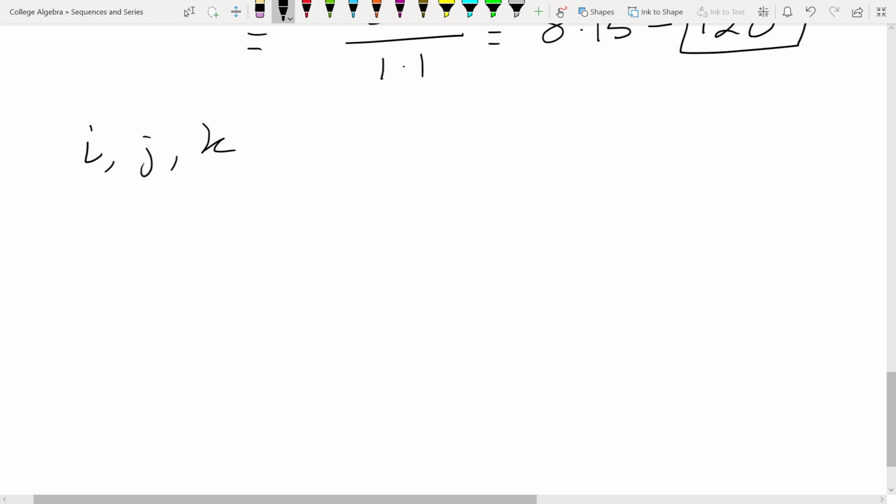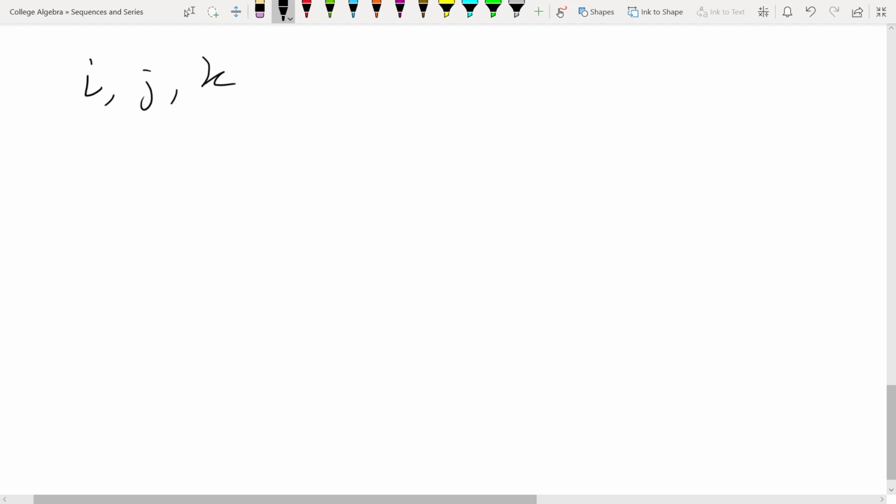You could use any letter, but we're going to be looking at these three specifically. So I can write a sum as this: the sum from I equal to 1 up to 4 of the sequence I plus 2, I plus 3.